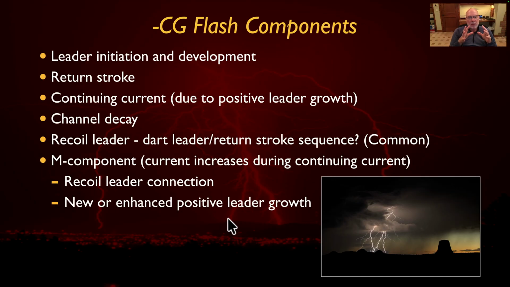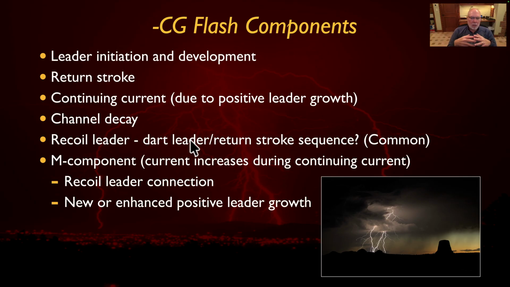So let's talk about some flash components of a negative CG flash. We talked about leader initiation and development and the return stroke. Well, there are things that can happen after. It could just die out, or we could see what is called continuing current, and that means that the upper portion of the flash, the positive leader, continues to grow, and if that's the case, the whole thing remains luminous, and that's called continuing current.